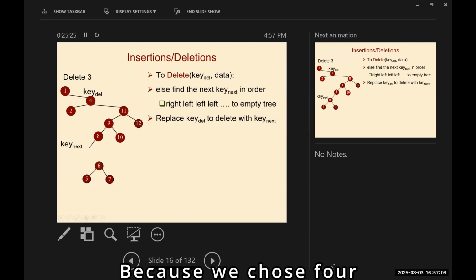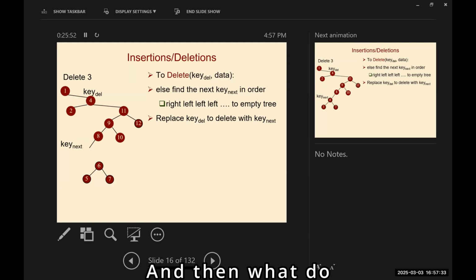Because we chose 4 to be the smallest in this subtree, right? Everybody in this subtree is bigger than 4. Why? Because 4 was its smallest, right? So 4 really can sit between 2. 3 sat between 2 and 11. 3, it was so close to 3. 3's gone. 4 can sit there, right? Everybody buy that?